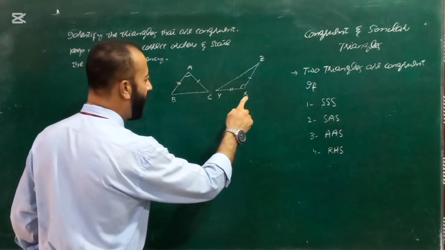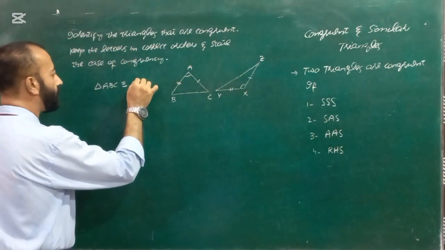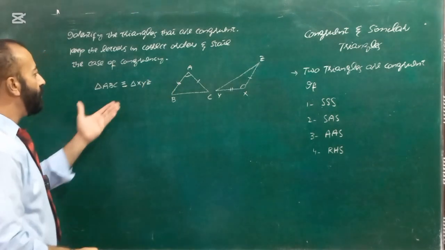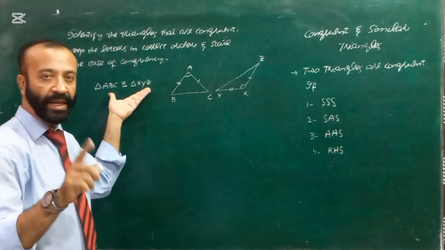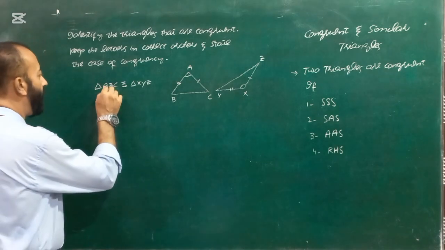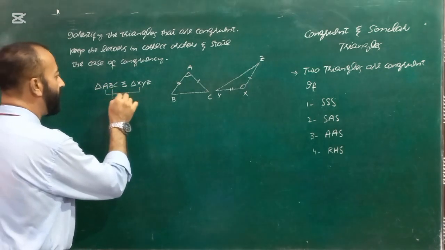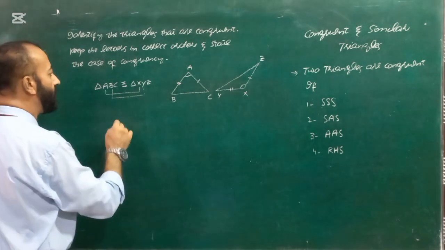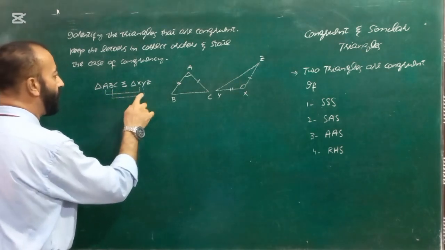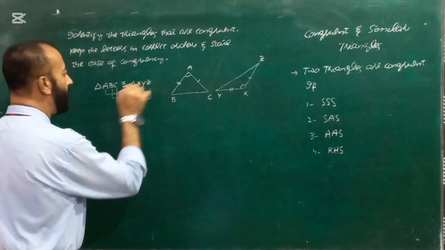So that will be X, Y, and Z. This is the thing which I'm telling you. You have to keep the letters in correct order. So A corresponds to X, B corresponds to Y, and C corresponds to Z.